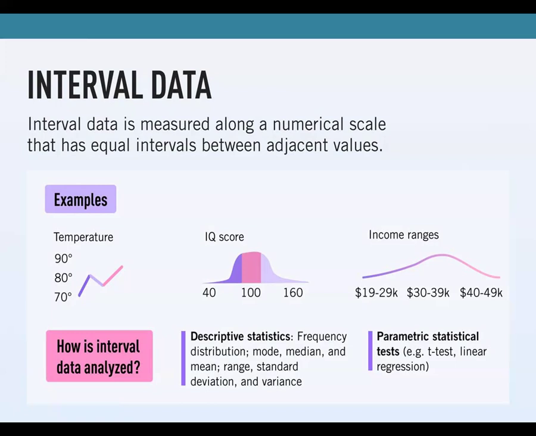It's not necessarily something you can put your finger on, but the interval has equal parts on each side, like the 40, the 100, and the 160 are all equally spaced, and the data between the 40, 100, and 160 are spread out. You're giving specific ranges, specific areas, and how many people fall into each individual one.